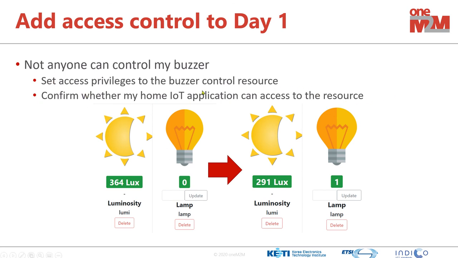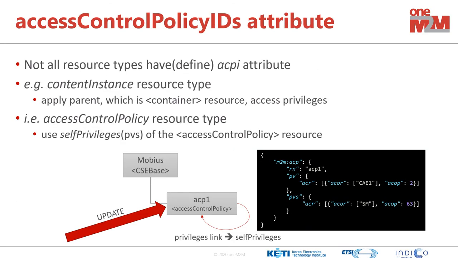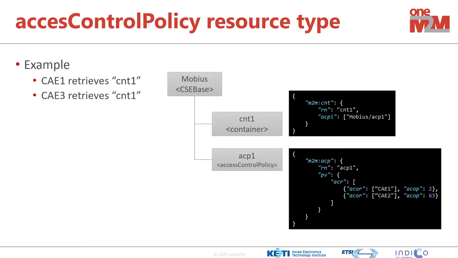So please extend the day one project to allow access to create new buzzer actuation messages, for example, so you can protect access to your own resources. You can create an access control policy resource and put it to the container for the buzzer actuator. So that's the hint and good luck.